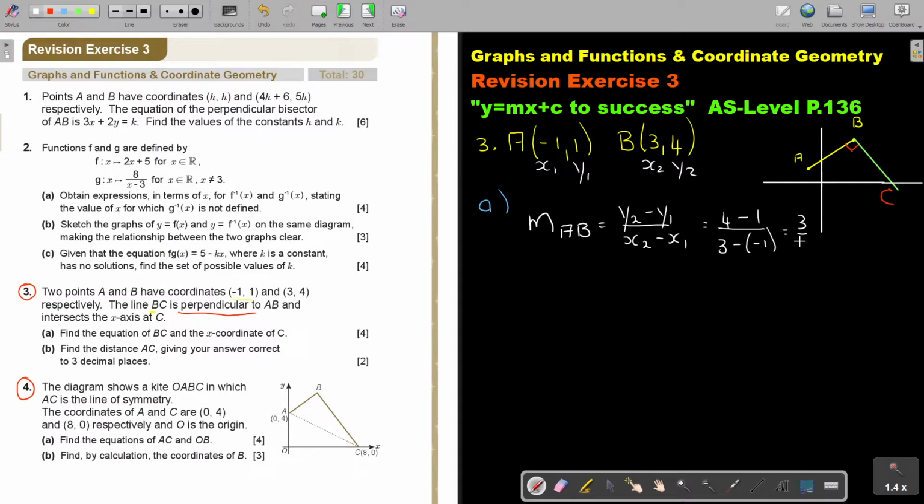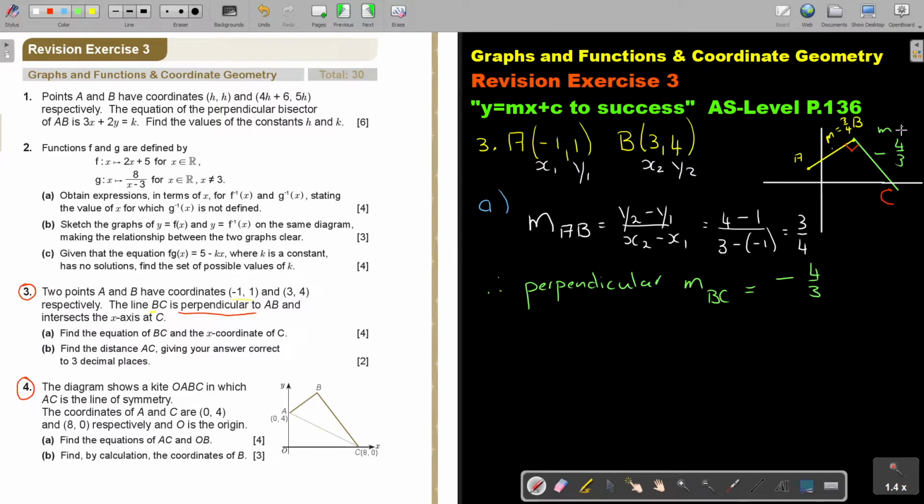That's my gradient of this yellow one. So m is 3/4. Therefore the perpendicular, m of BC, is then -4 over 3.